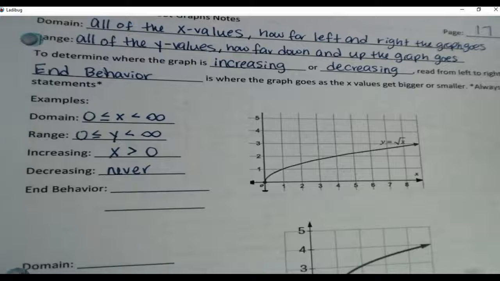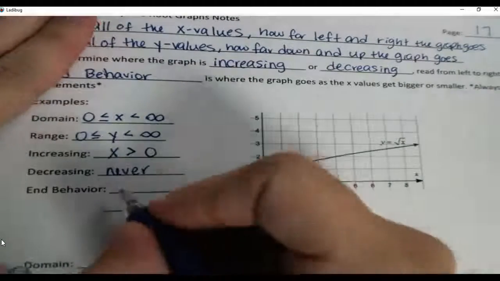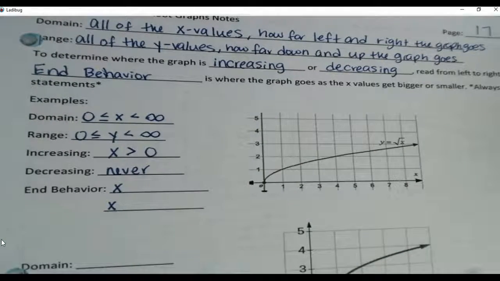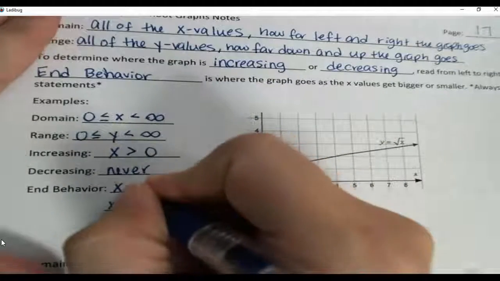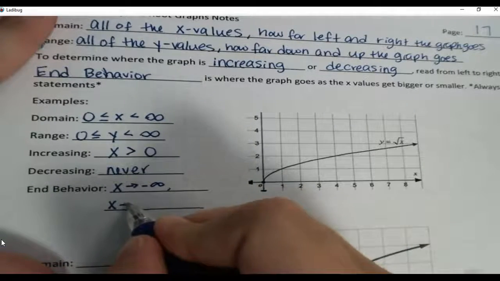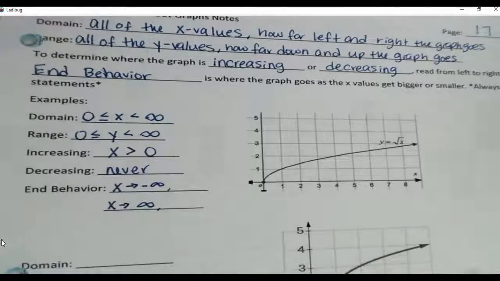Okay. So end behavior always has two statements. It always starts with x. So you want to know what's happening on the left side, what's happening on the right side. So as x approaches negative infinity, and as x approaches positive infinity.